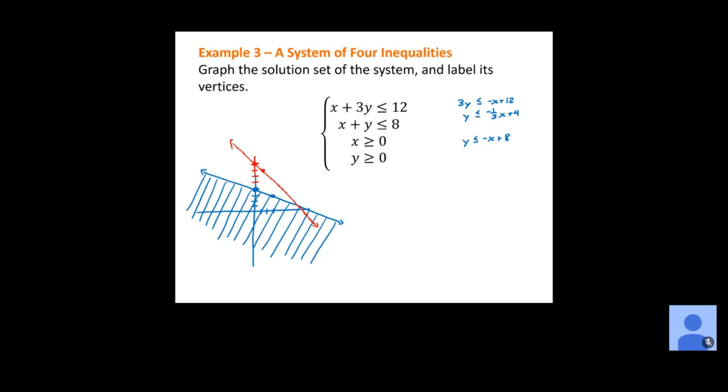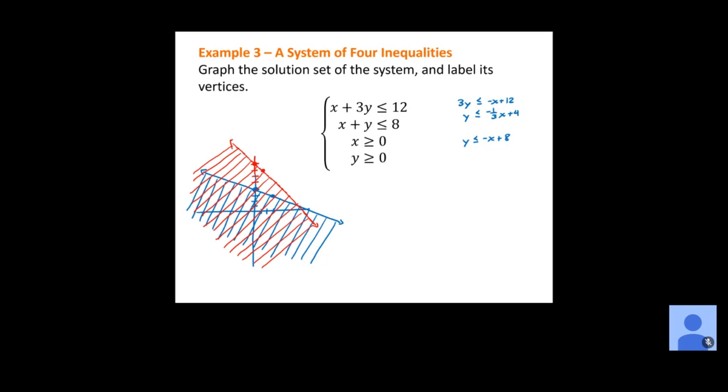And again, if I substitute in a point, 0, 0 works again. 0 plus 0 is 0. That is less than or equal to 8. So I'm going to shade everything towards 0, 0, which again is just everything below this line. All right, now we need to graph the x greater than or equal to 0.